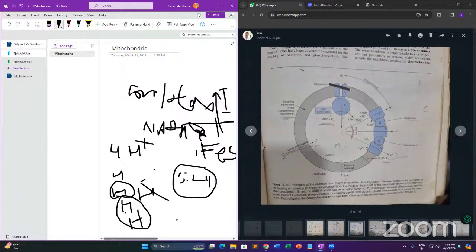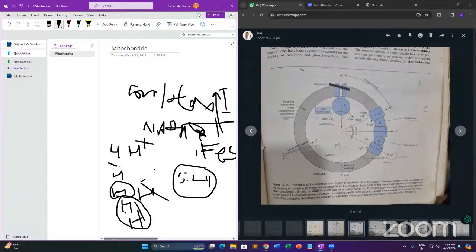If ATP hydrolysis takes place, it liberates minus 7.3 kilocalorie energy.